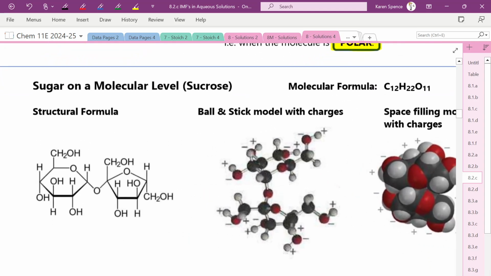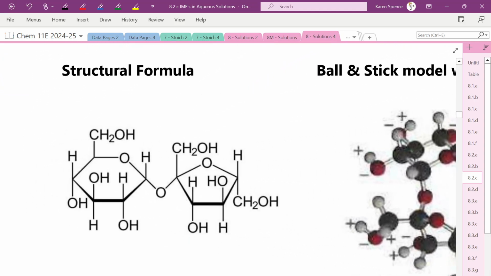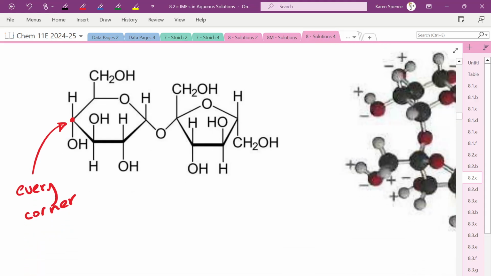Here is a structural formula of sucrose. And every one of the corners, every corner is a carbon. Okay, so we got a carbon there, there, there, there, there, and we got one there, there, there, there.